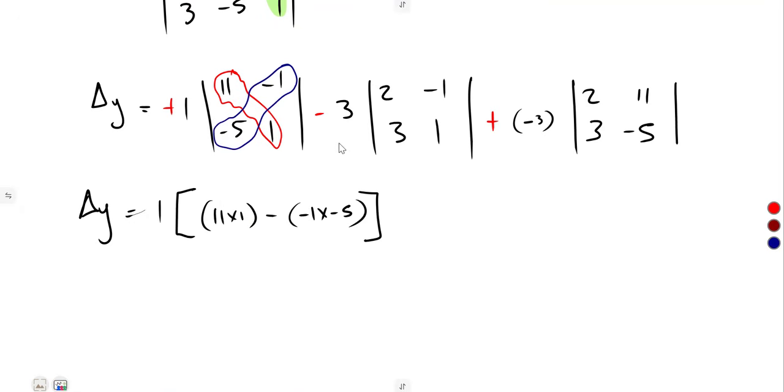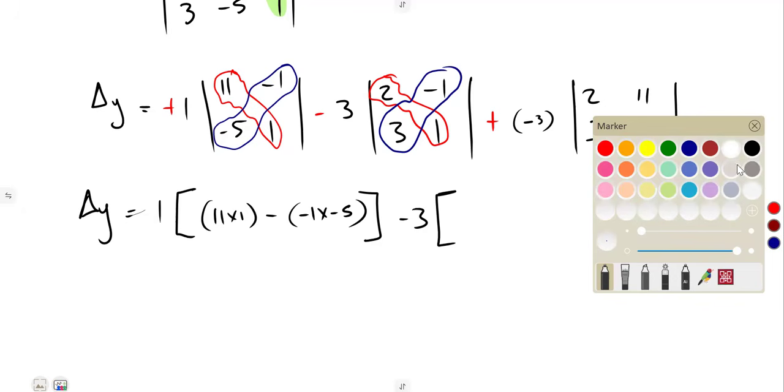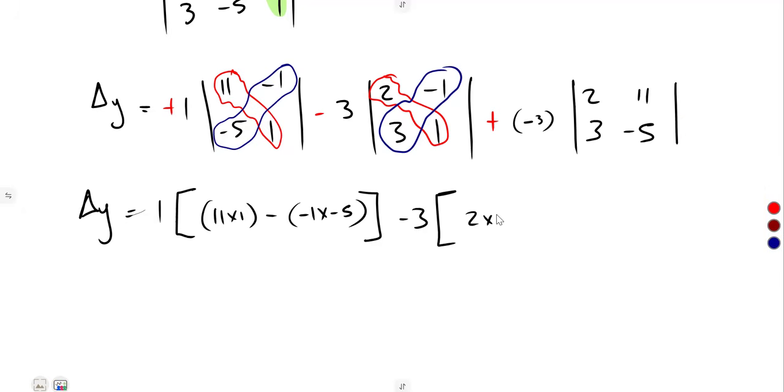So this is it. Minus 3, determinant here: 2 versus 1 in the major, minus 1 and 3 in the minor. So that was going to be 2 times 1 minus 1 times 3. And plus and minus is going to give us a negative, so it's going to be -3.